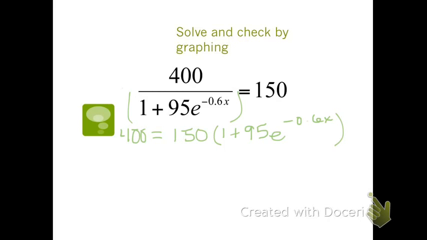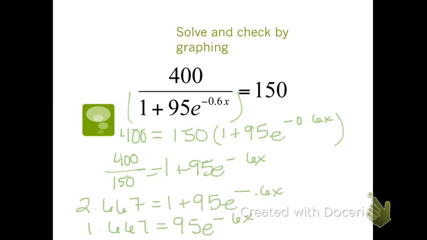Okay. Then isolate the stuff in the parentheses. And from there, quickly, once you start doing the algebra, you're going to get down to 1.667 equals 95 times e to the negative 0.6x.